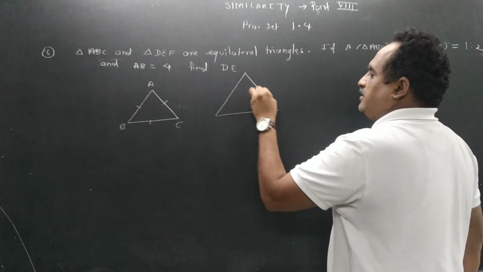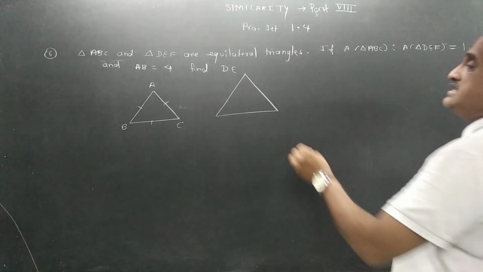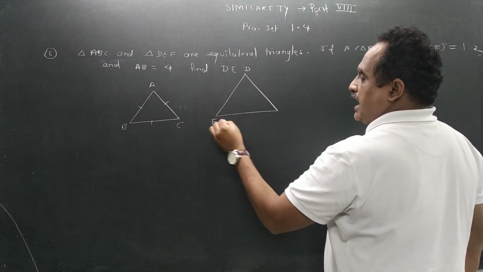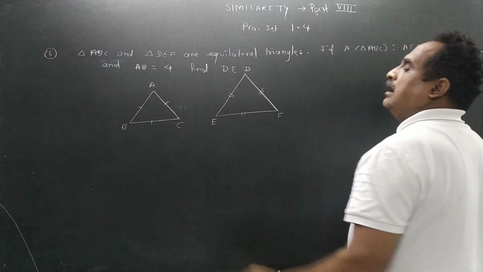I judge it with the help of the values 1:2. This side is a little bit bigger, that is D, E and F, and all these sides are again equal.